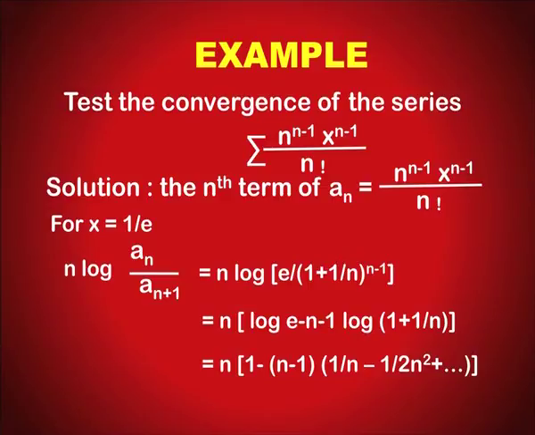We find n log (a_n upon a_(n+1)) is equal to n log e upon (1 plus 1 upon n) to the power (n minus 1), that is equal to n log e minus (n minus 1) log of (1 plus 1 upon n), that is equal to n into (1 minus (n minus 1) upon n minus (n minus 1) upon 2n square and so on).